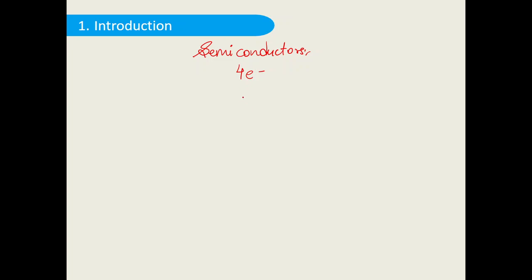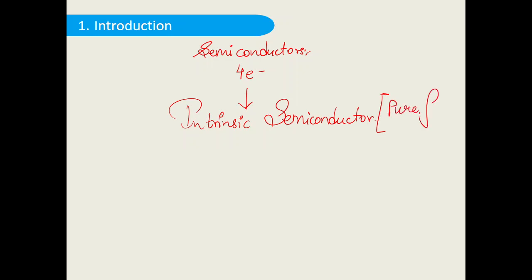And because of these four electrons in the outermost shell and the covalent bond, a pure form of semiconductor is called an intrinsic semiconductor. So an intrinsic semiconductor is the pure form of semiconductor.